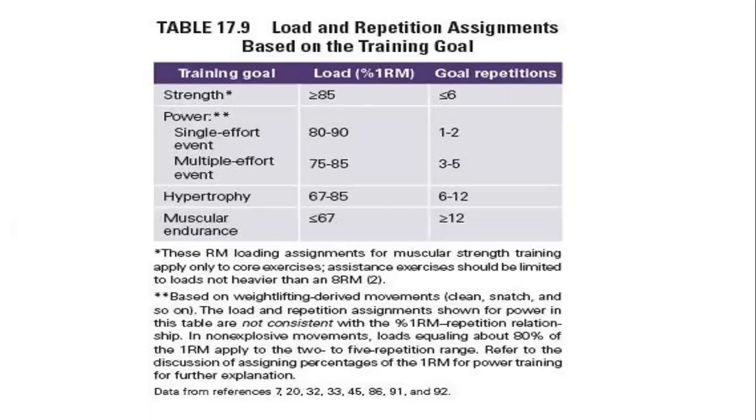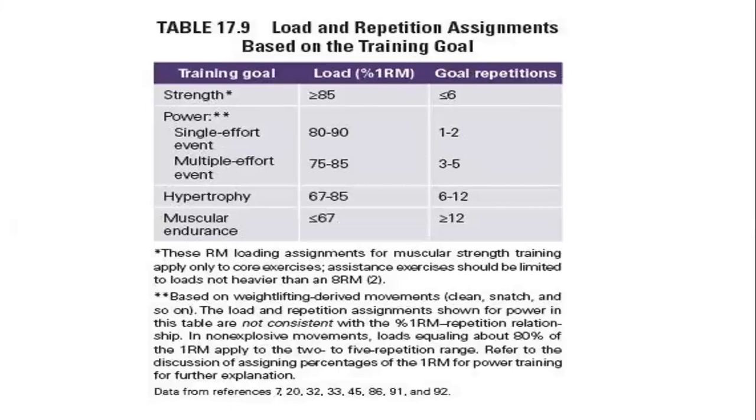If they have a strength goal, you would want equal to or greater than 85% of that 1 rep max. So if their 1 rep max was 100 pounds, you would want at least 85 pounds or above in order to do 6 or fewer repetitions. That would be how you would work on strength.